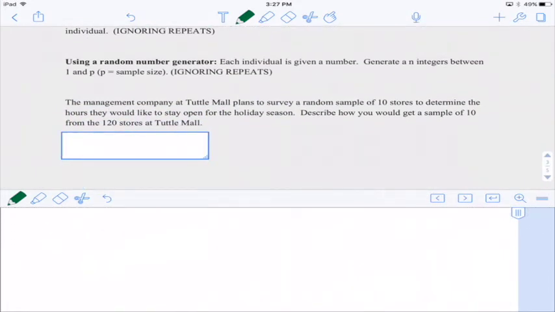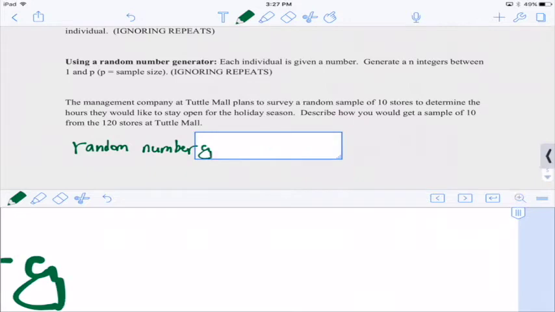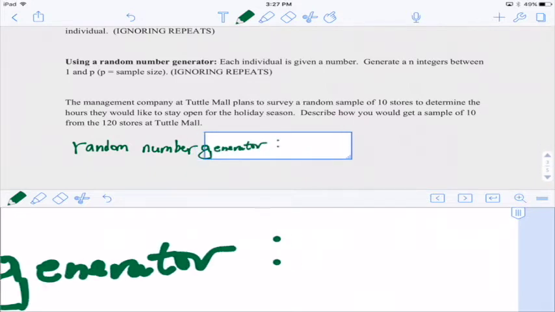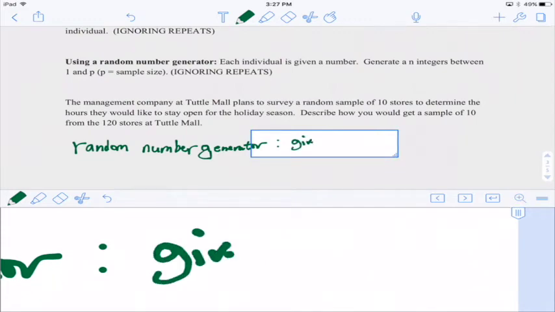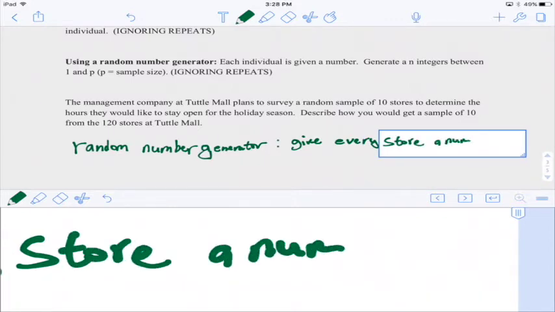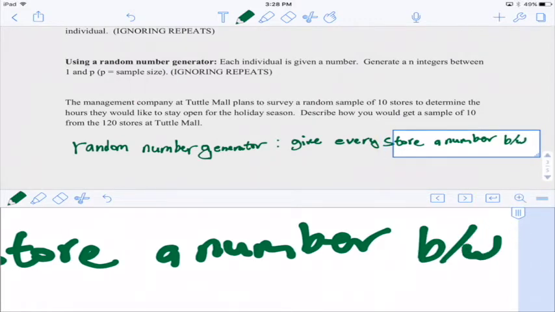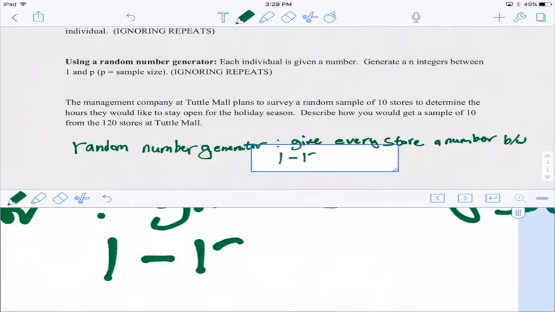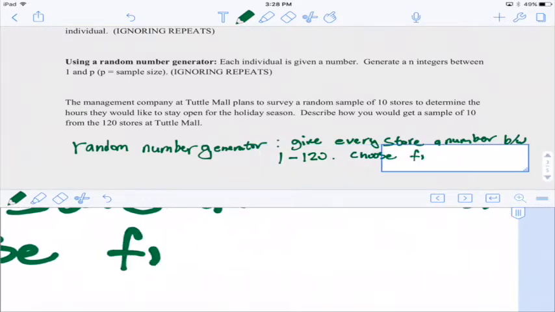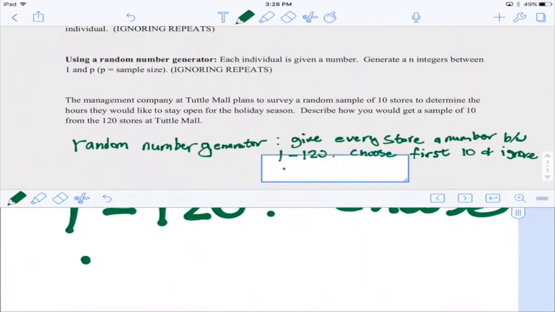Well, I'm going to use a random number generator. So I'm going to give every store a number between 1 and 120, and we're going to choose the first 10 and ignore repeats.